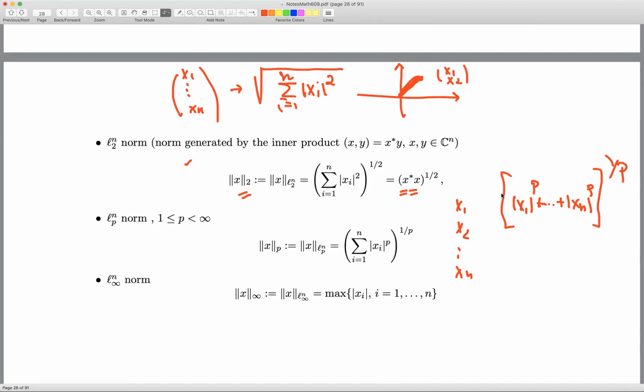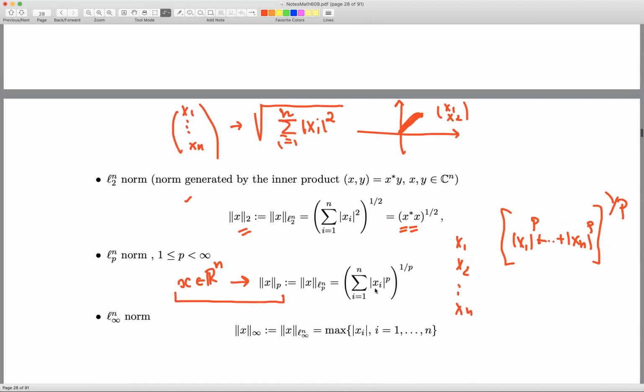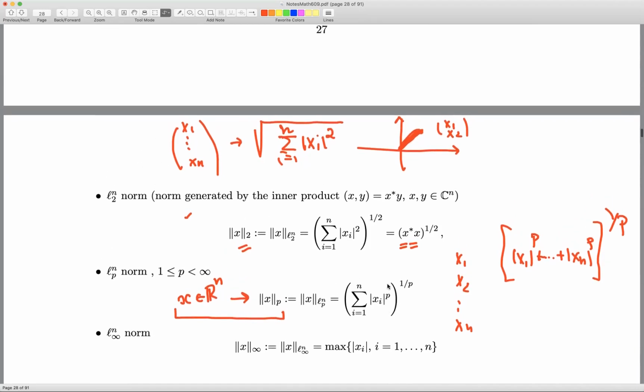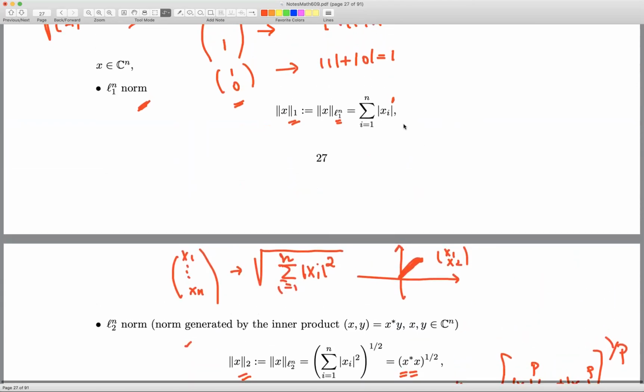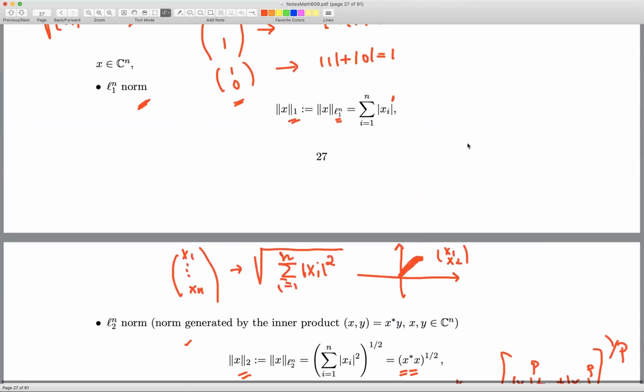One has to show that this mapping, which to every vector x in Cn or Rn assigns this number, satisfies conditions 1, 2, and 3 of a mapping to be a norm, and therefore prove that this is a norm. You see here that in the case when p is equal to 1, we have the sum of the absolute values raised to power 1, and therefore we recover the L1 norm.